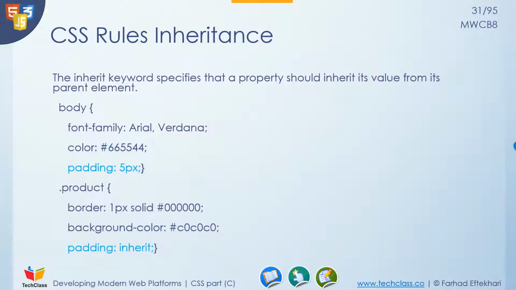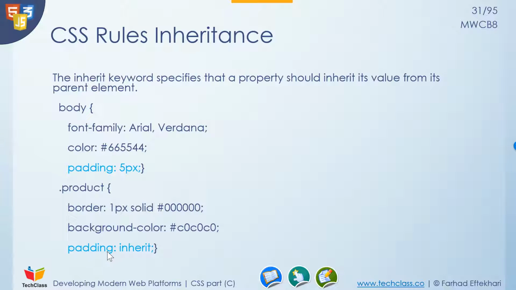And also we have this concept of CSS rules inheritance. So here you can see we have some properties and values in the body selector, but also we have this product class where the padding is inheriting from its parent declaration and selector.